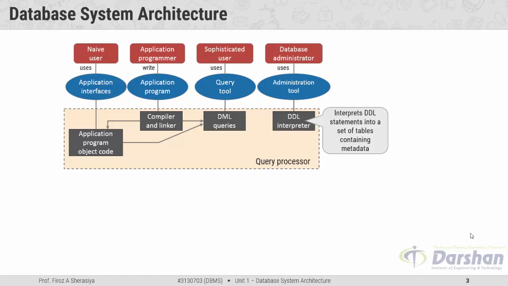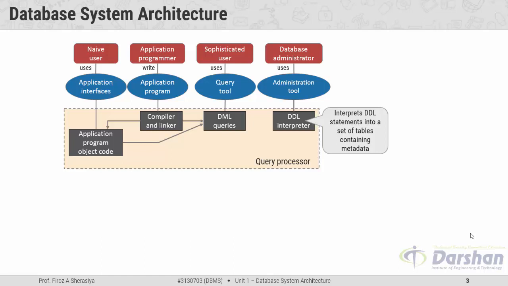Now let's take an example. Suppose we want to store data of student such as roll number, name and department into our database. So for that we need to create a table which consists of 3 columns: roll number, name and department.